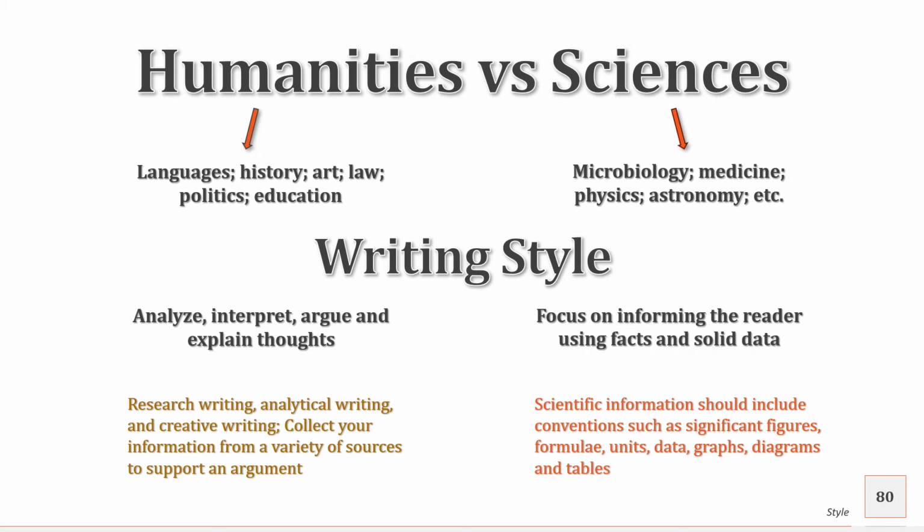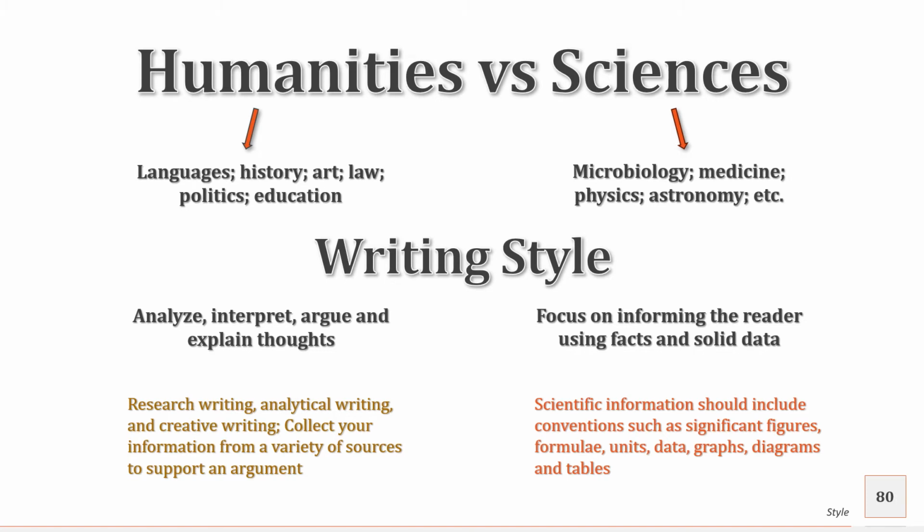Here I've given you some examples of courses in sciences, which include microbiology, medicine, physics, astronomy, and so forth. And some examples of courses in the humanities are languages, history, art, law, politics, and education. The number one thing we should remember: when writing in the humanities, we need to follow a critical and analytical approach.